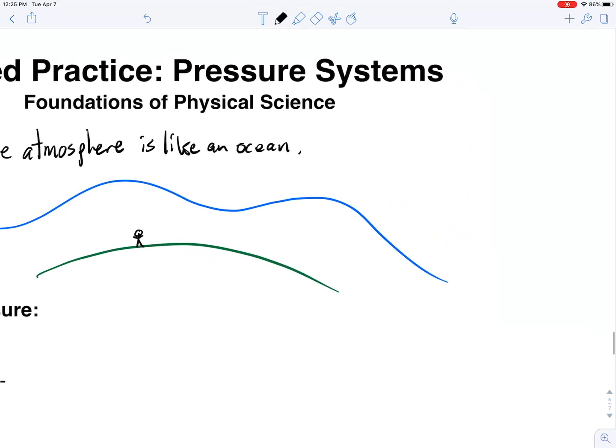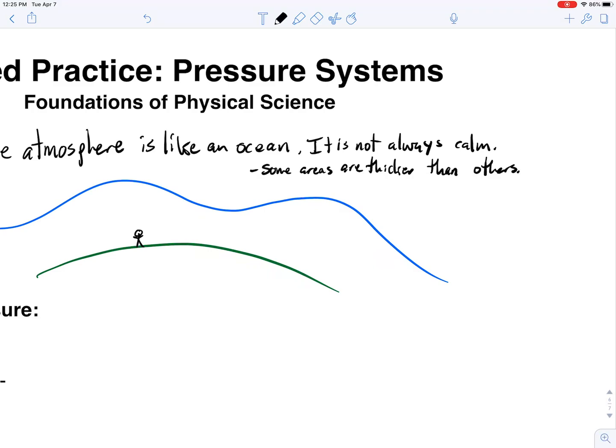So we're going to leave that drawing like that. We're going to add to our notes here, though, real quick. Just like the ocean, we'll say it is not always calm. Right? The ocean isn't flat calm all the time. Some areas are thicker than others. And I'll help you visualize that here in a second.